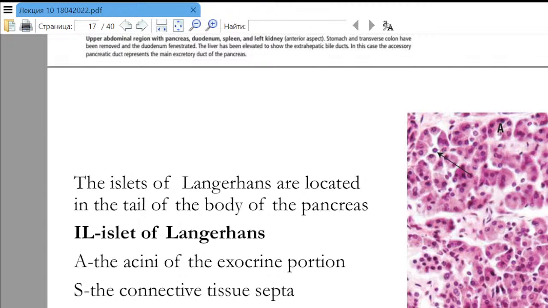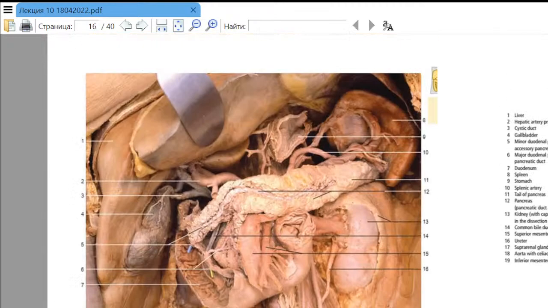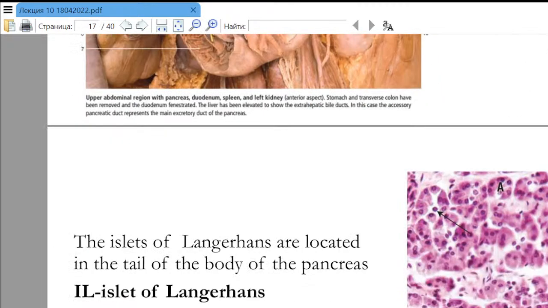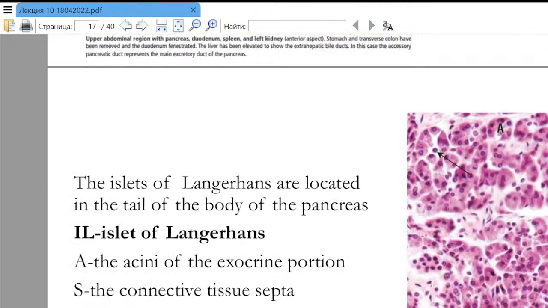The islets of Langerhans are located in the body and tail of the pancreas.